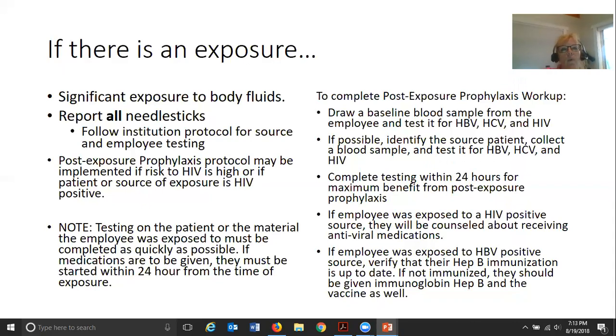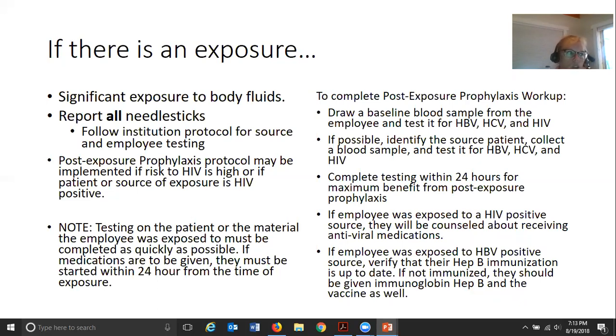So if there's an exposure, someone in your facility will determine if it's a significant exposure. So again, significant exposures: splash to eyes, mouth, mucous membranes, splash of blood or body fluids to a break in the skin, a needle stick, a lancet stick with a dirty needle is all a significant exposure. So you may have to have post-exposure prophylaxis, which means you may have to have medicine given.